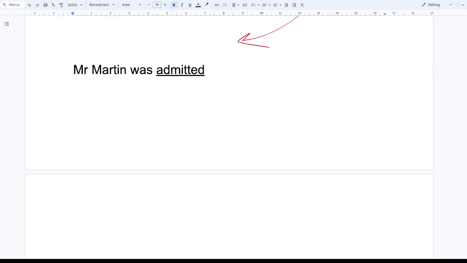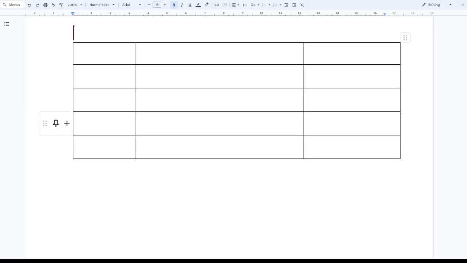Let's begin by bringing this table here. I'm going to copy paste, and you should see this here hopefully. Here is the table, and I'm going to start with admit. Admit, very important verb, and we use this in OET all the time.